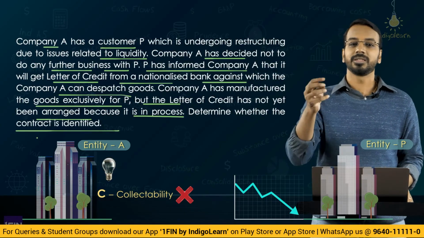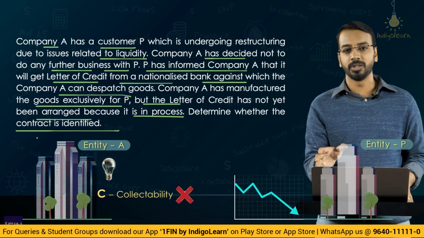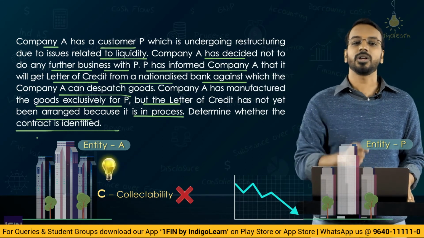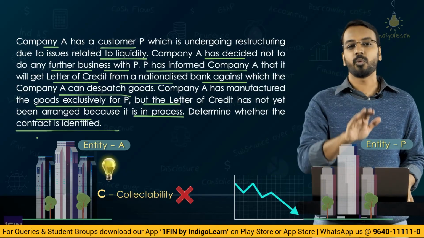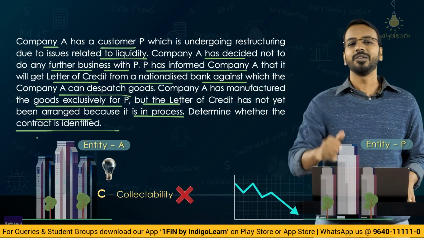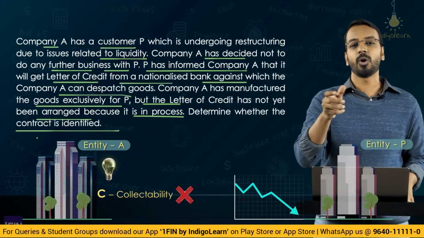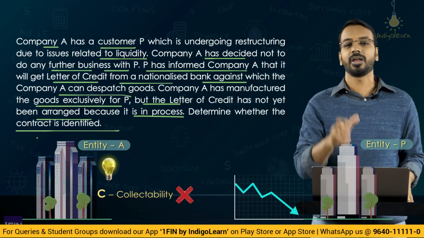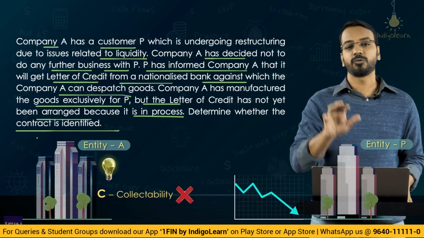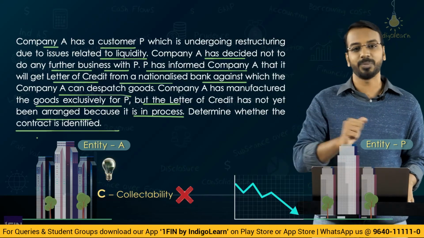Till the collection of consideration is probable, you cannot say that the contract is identified. And because the contract is not identified, step 1 of the 5-step model is not passed. Even if the customer pays some amount in advance as consideration or as a deposit, company A cannot recognize revenue. It will have to show that amount as a liability.